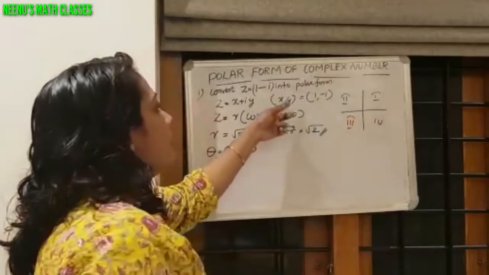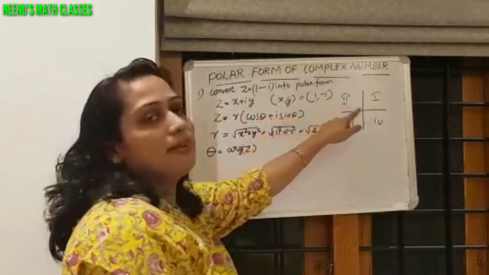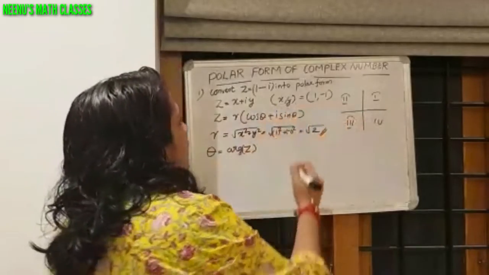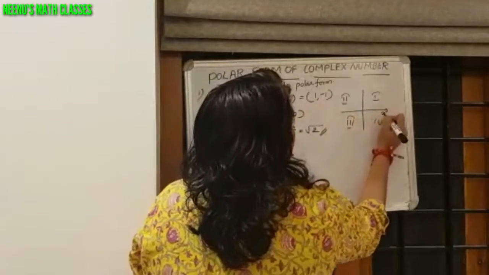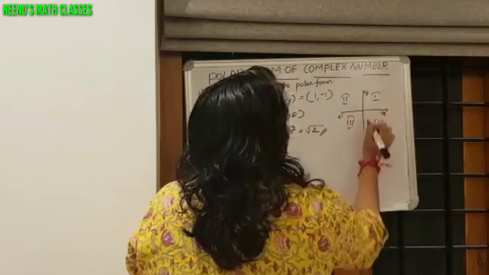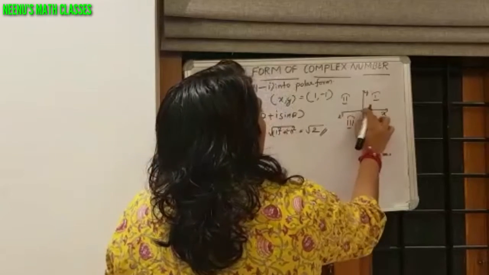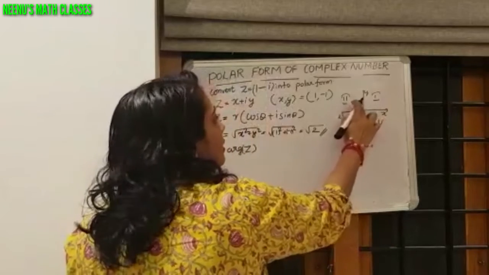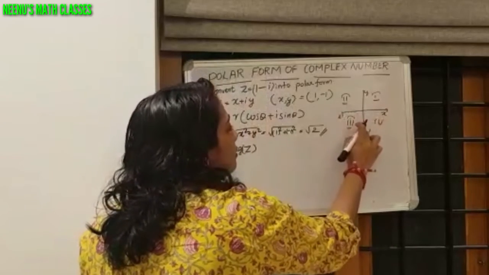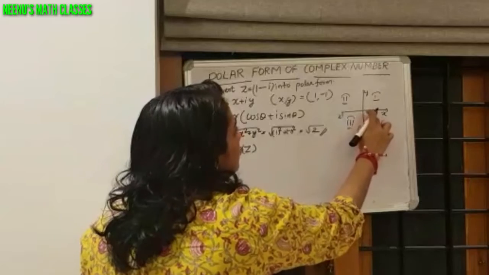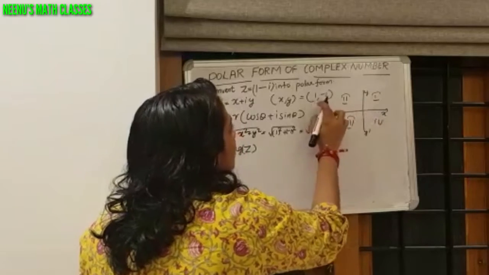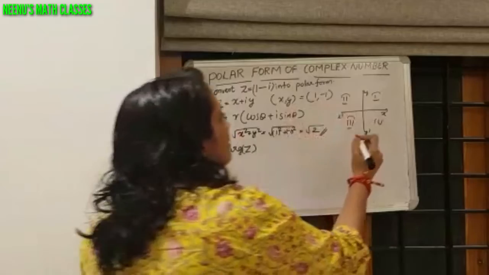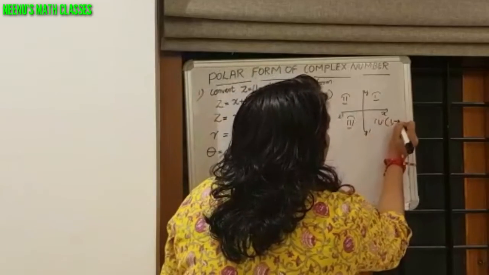Here x is positive, this is x dash, y dash. Here all are positive, x comma y positive. Here x is negative, y is positive. Here x is negative, y is negative. Here x is positive and y is negative. So this 1 comma minus 1 is in the fourth quadrant.